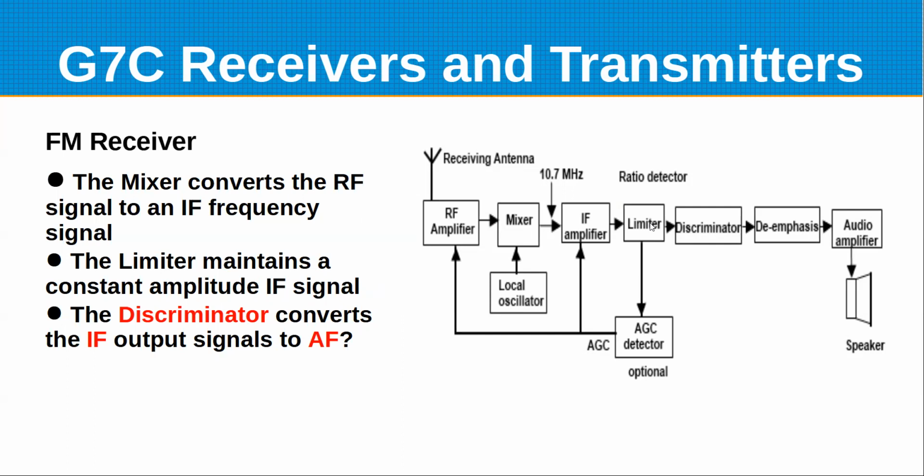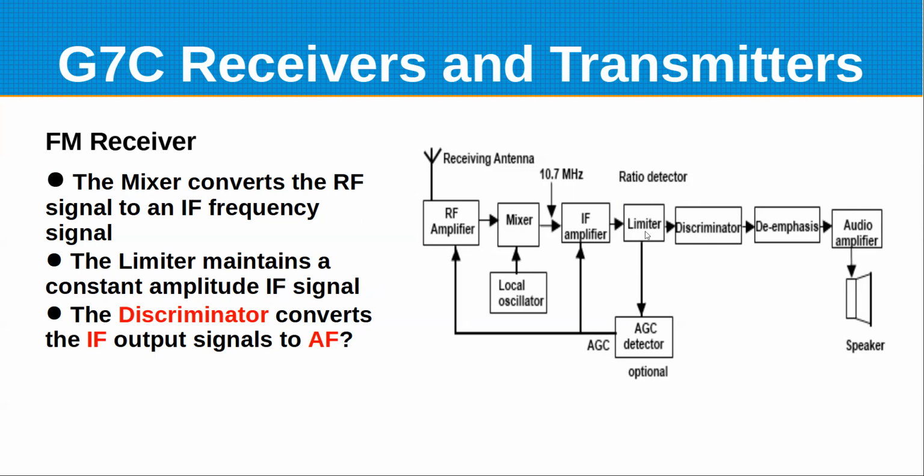So they have typically a circuit called a limiter in an FM receiver to limit the amplitude of the IF signal, because it turns out some discriminators are sensitive to amplitude modulation.